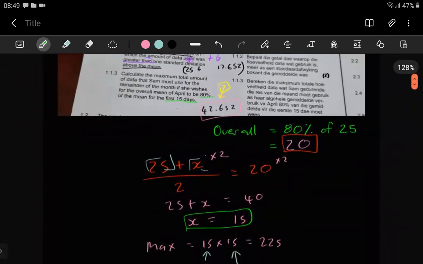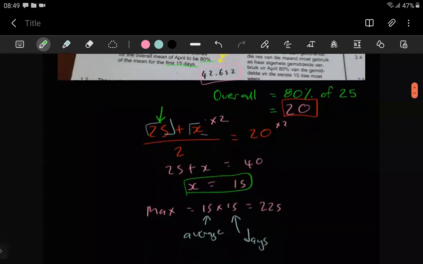Calculate the mean amount of data, 25, for the first few days, then calculate the maximum total amount of data that Sam must use for the remainder of the month if she wishes the overall mean of April to be 80% of the mean for the first 15 days. Okay, what is the answer at the back of the book?